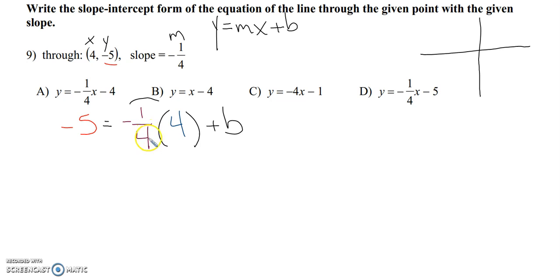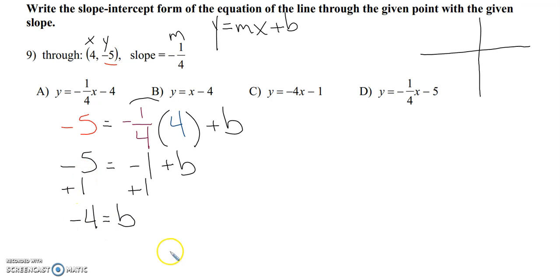So -1/4 times 4, you're going to think, what's 1/4 of 4? 4 divided by 4. So this will be a -1. And now to get b by itself, we're just going to add 1 to both sides. So we have -4 equals b.